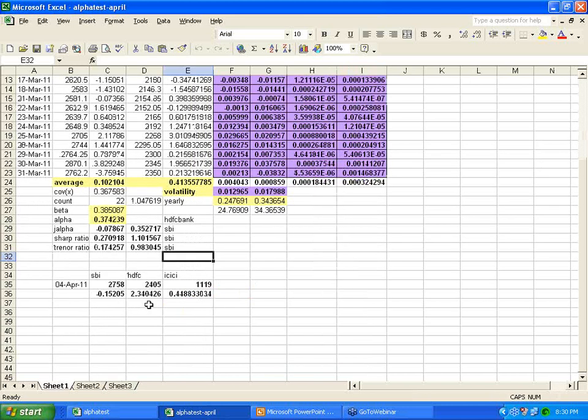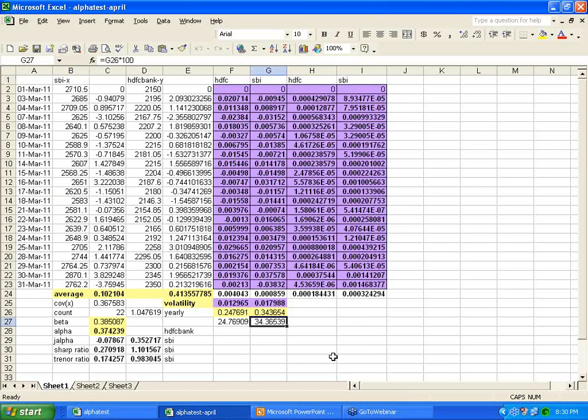State Bank of India and HDFC, same way we have taken and calculated the annual volatility. State Bank of India's annual volatility is 34%, and this is 24.76. So State Bank of India should be taken as X and HDFC should be Y. No change here.